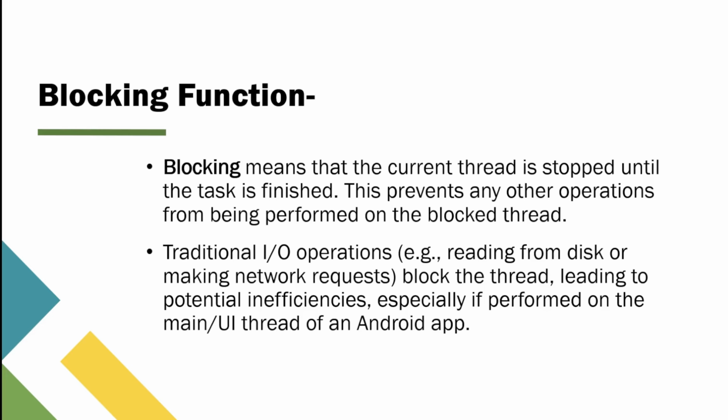So as the definition suggests, it blocks the particular thread and won't allow other operations to execute, unlike the suspending function does, and until it completes the execution, it will keep the other threads on hold as well.